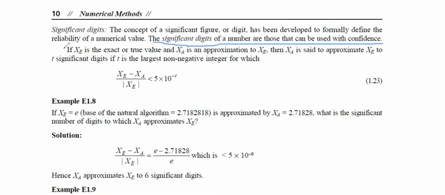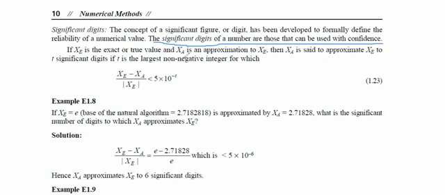Mathematically, as already discussed, xe is the exact value and xa is the approximated value. xa is an approximation to xe, the true value.